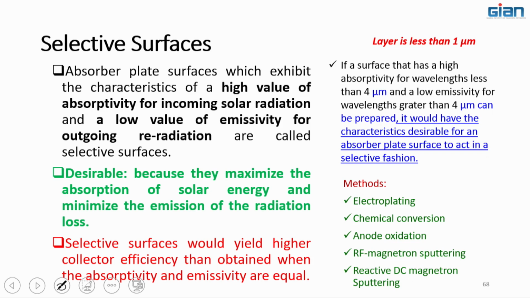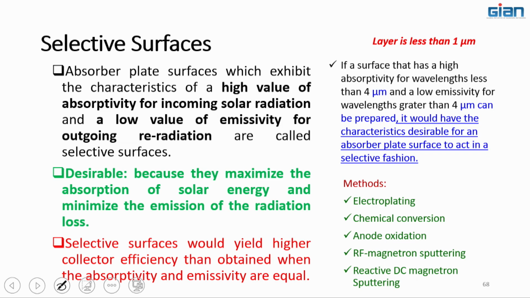Also, if a surface that has a high absorptivity for wavelength less than 4 microns and a low emissivity for wavelength greater than 4 microns can be prepared, it would have the desirable characteristics for an absorber plate surface to act in a selective fashion, okay. And there are different methods of making it.